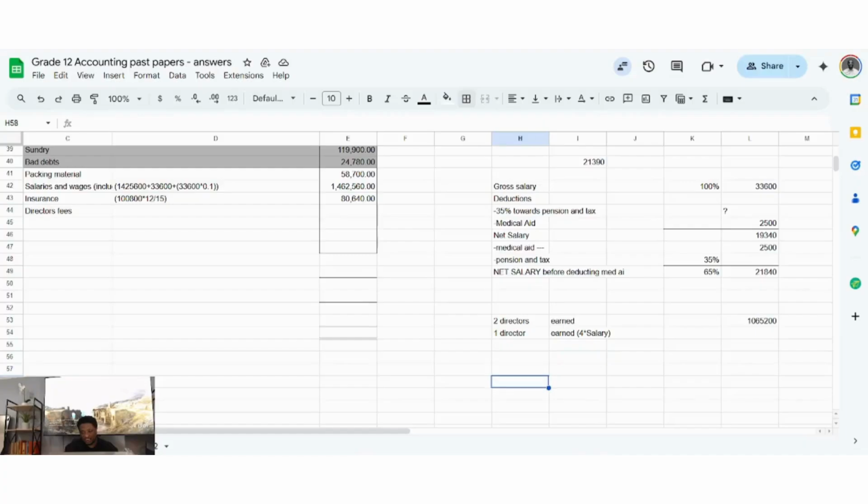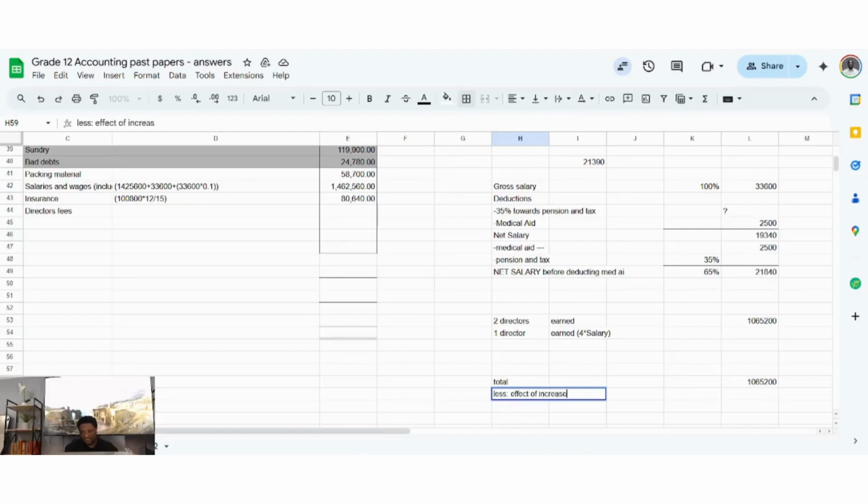So we have a total of 1,065,200, and then we're going to say less the effect of increase.